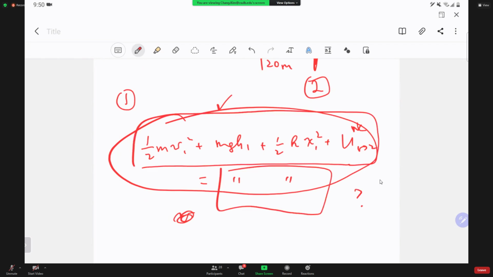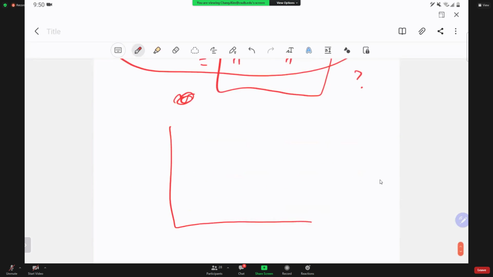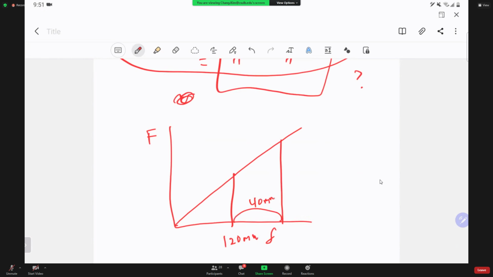In your textbook it has been explained a little bit differently. The way they did it was, if I pull on it, I have the load and displacement curve like this. So I compressed it, in this case I put it into tension. So 120 millimeters, and then add another 40 millimeters.